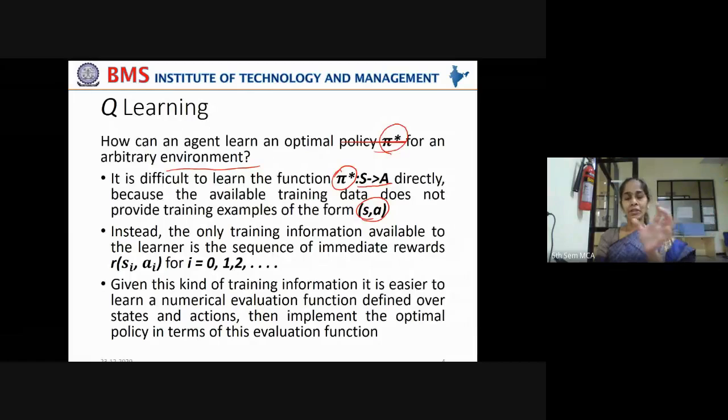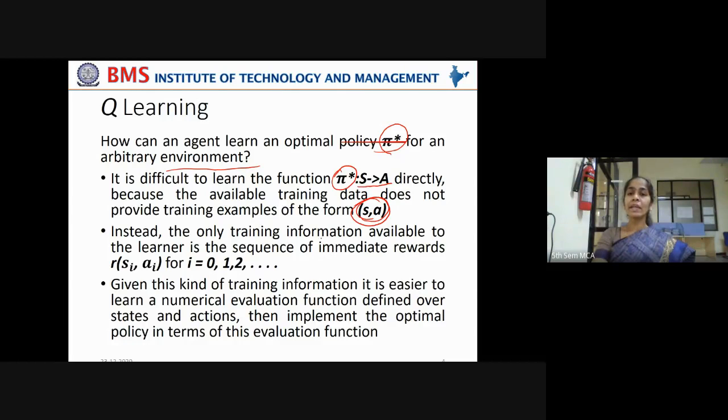For example, temperature and climatic conditions of the day, and whether a person will play tennis on that day or not, yes or no. That is the traditional representation of a training set, but that is not the case in reinforcement learning. You will not have any training examples in the form of states and actions.